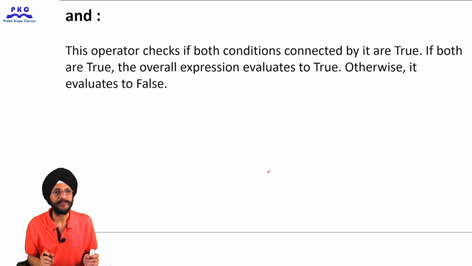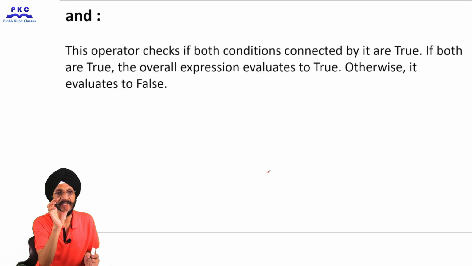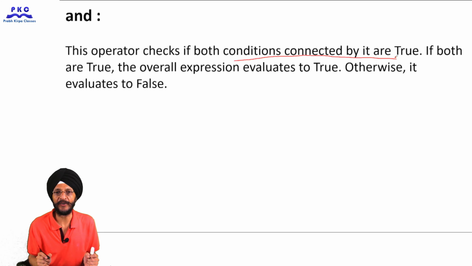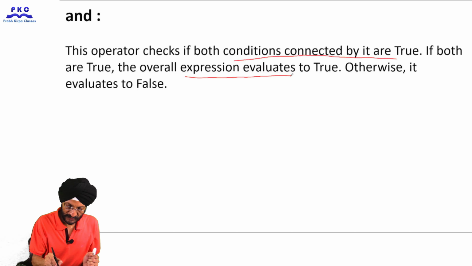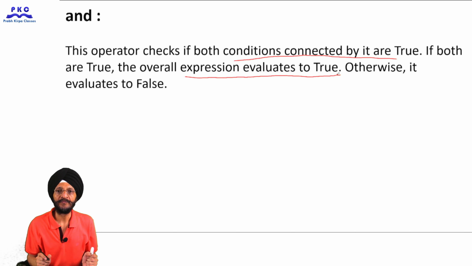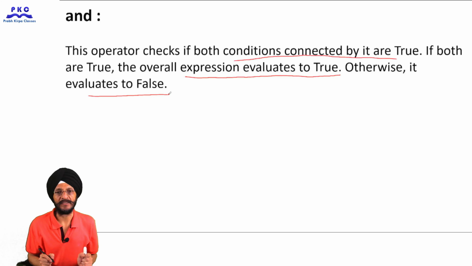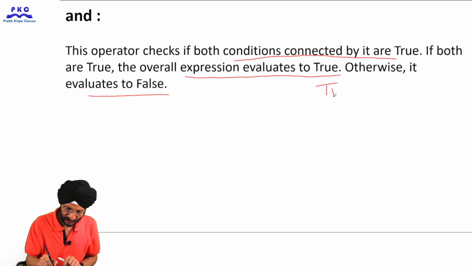First is AND. The AND operator checks if both the conditions connected by it are true. If both the conditions are true, the overall expression evaluates to true. Otherwise, the result will be false. First of all, we must understand the truth table of AND.